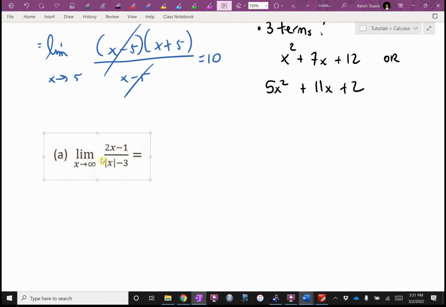Before I come back to this, hopefully you've learned that when you're taking limits to infinity, the largest degree term dominates.